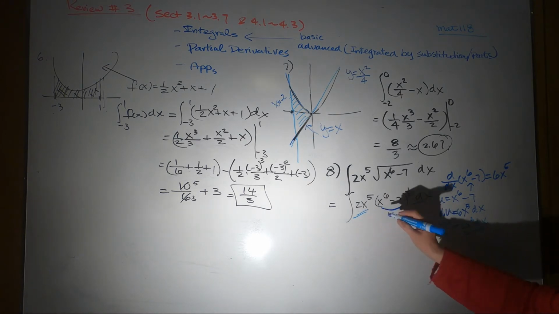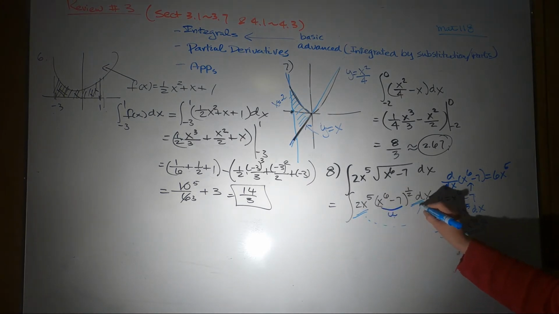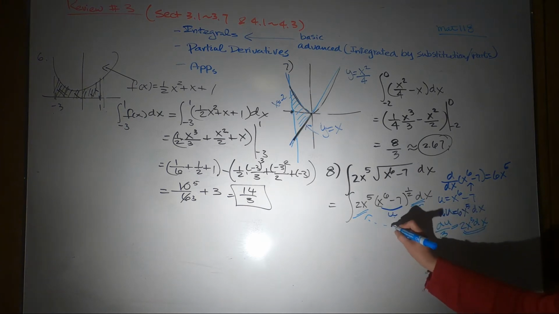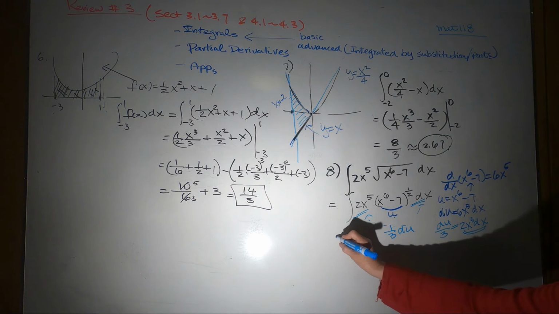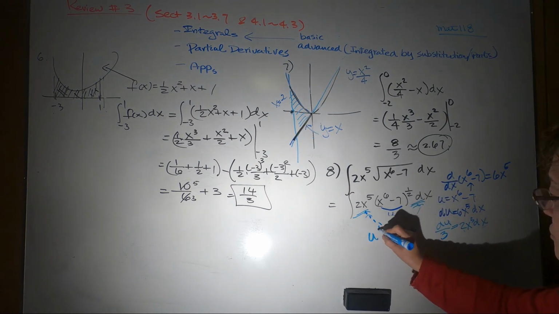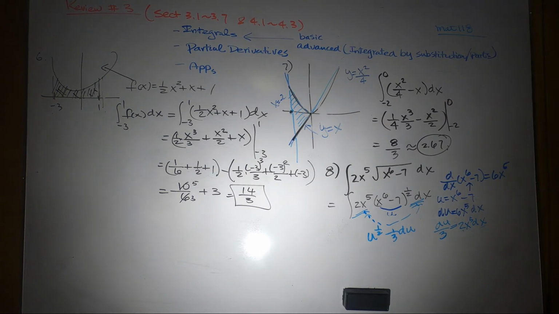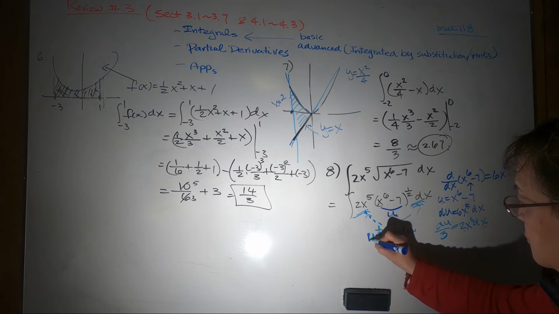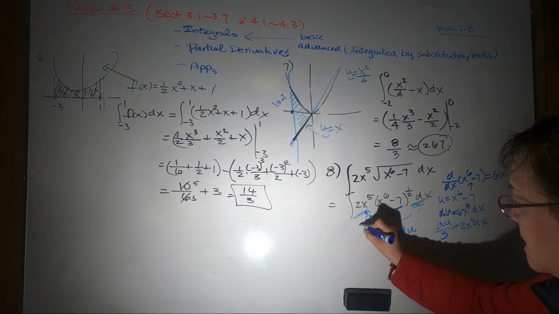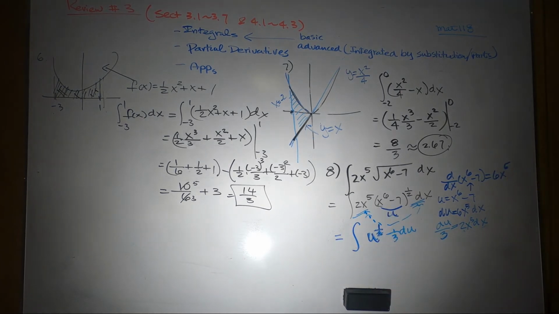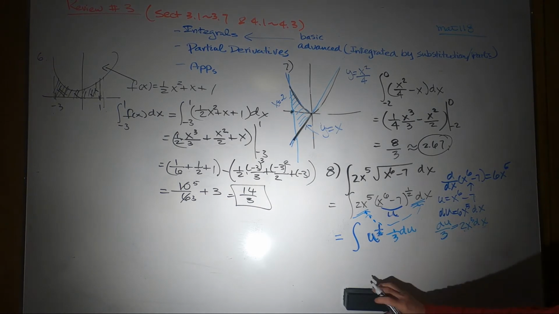So you will end up with what? You have 2x, and this 2 becomes 1/6 of du, right? And this one is u to the half, right? Then we take this, our original u to the half power, then we take the integral of this. Then what do we have?